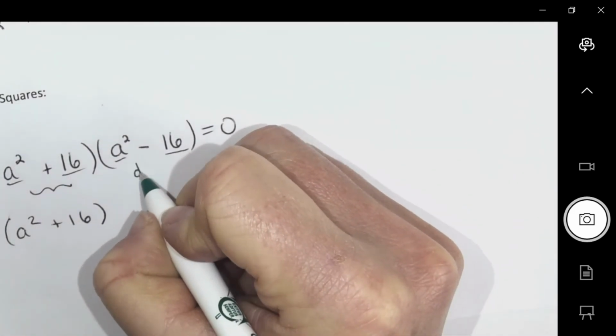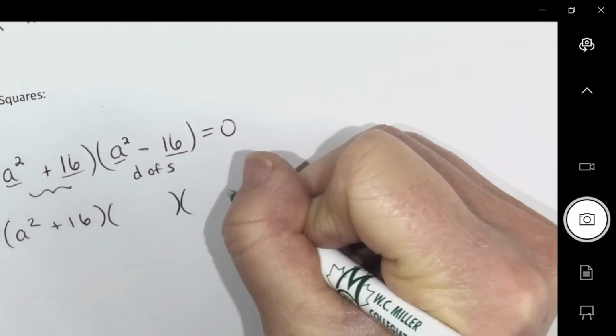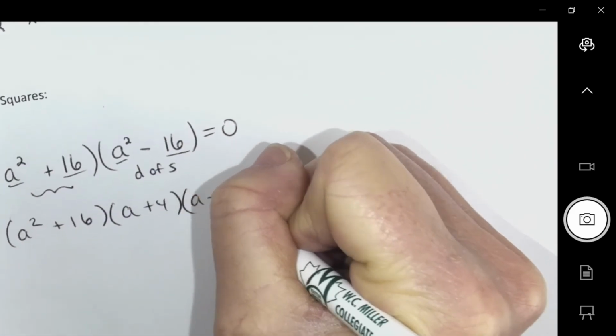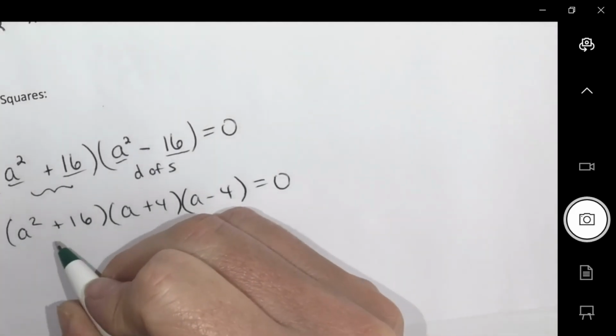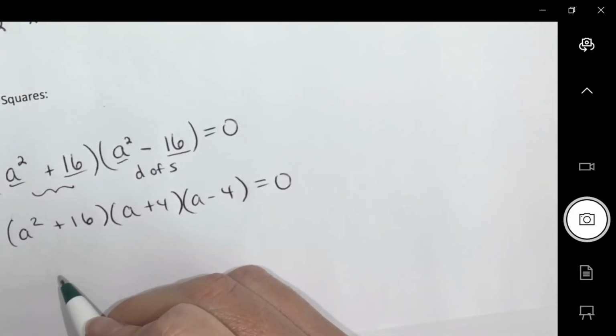This is a difference of squares recognition. That one will break down. This piece would have no solution going forward.